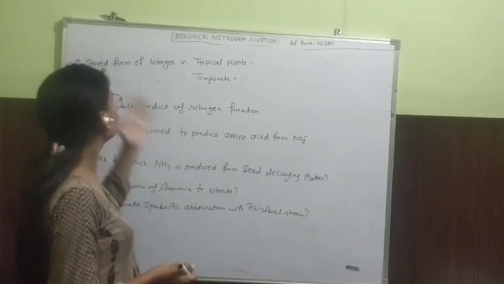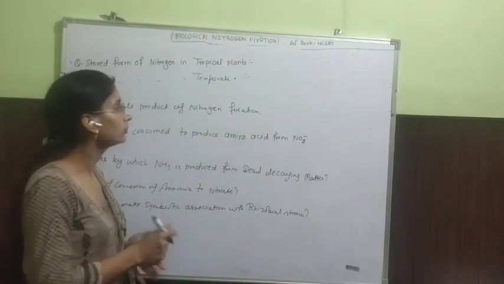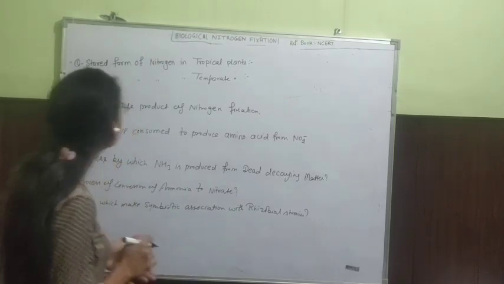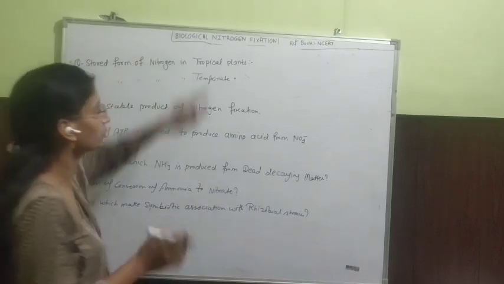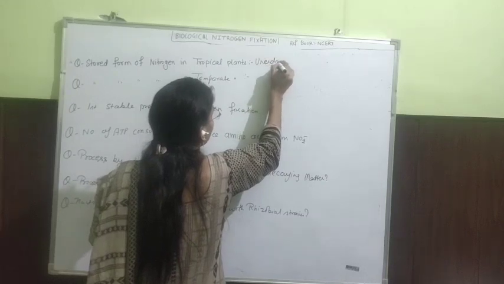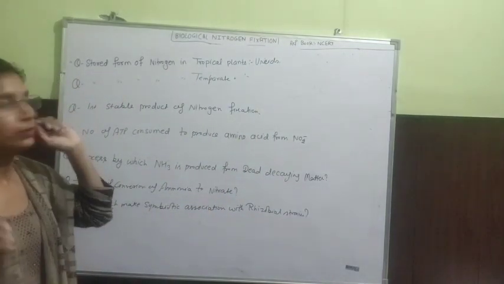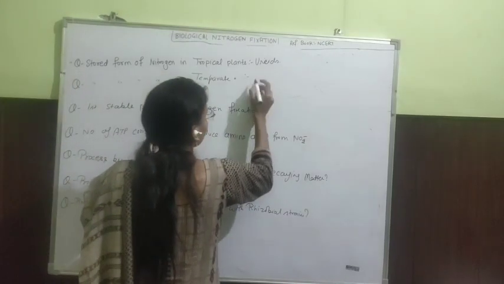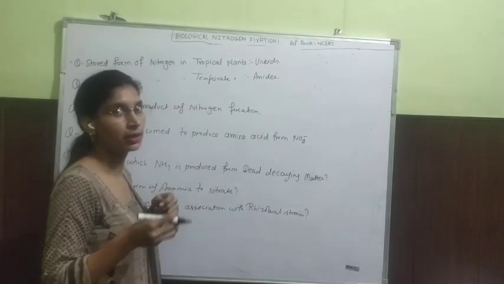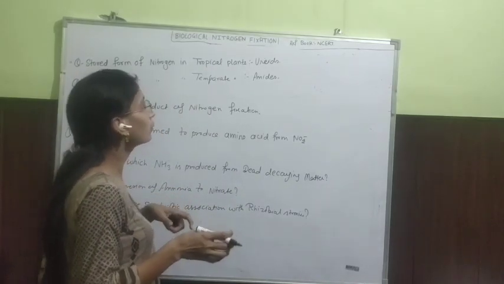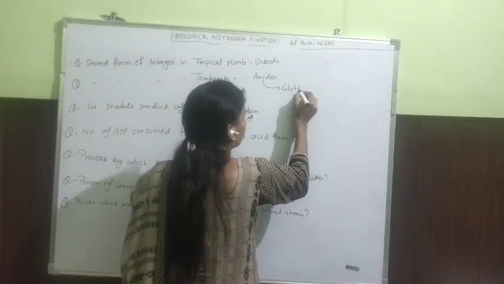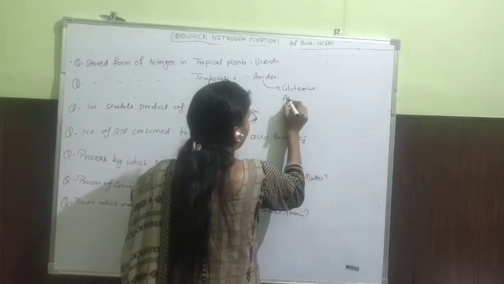These are the types of questions which can come in some competitive exams. The stored form of nitrogen in the tropical plant is ureides. The stored form of nitrogen in the temperate plant is amides. The question can be, what amides are produced from the fixation of nitrogen? These amides are glutamine and asparagine.